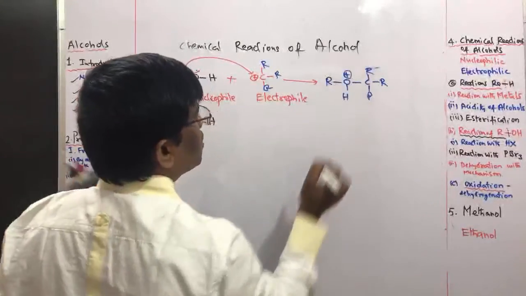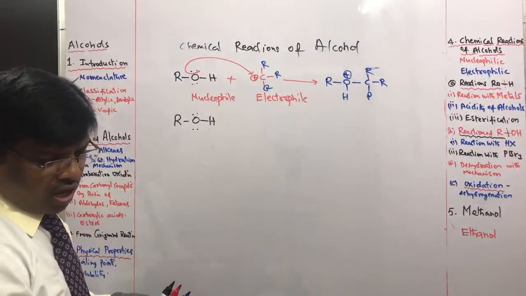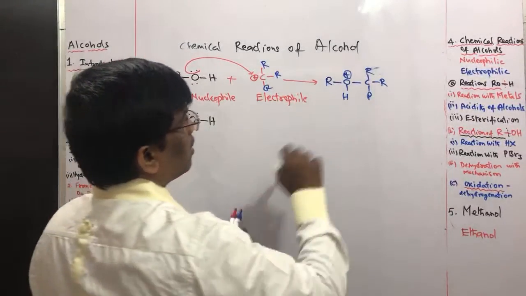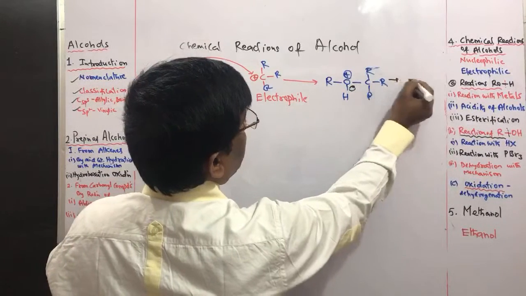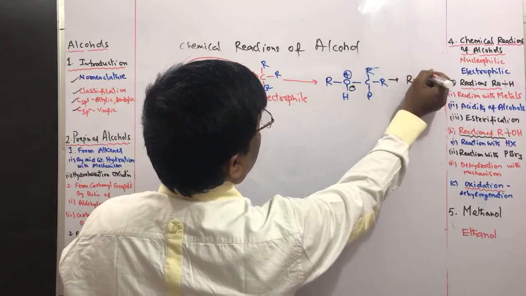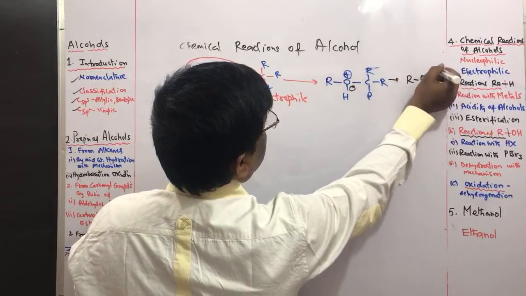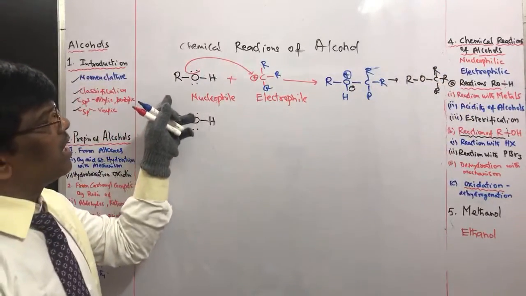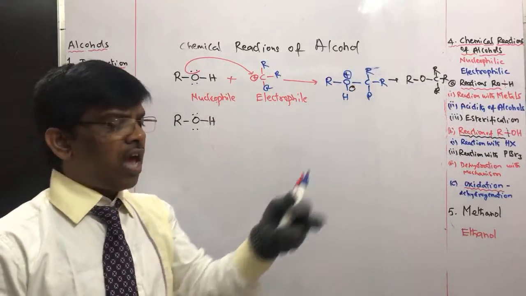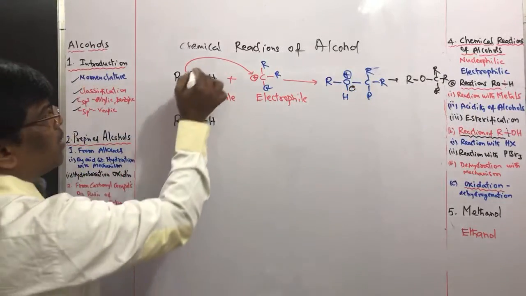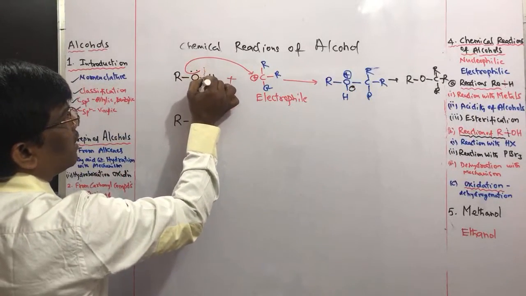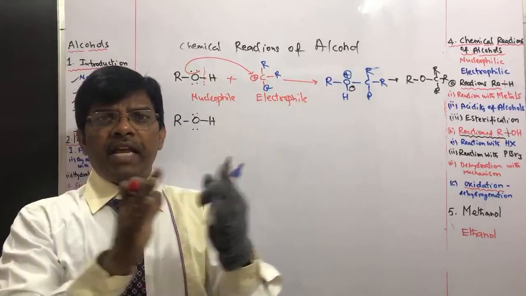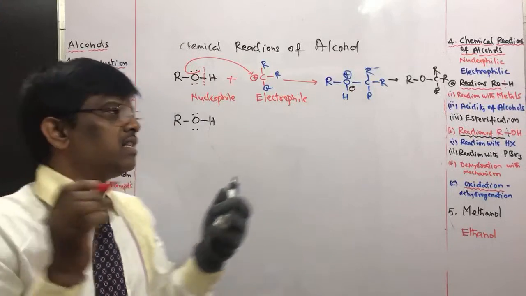This positive charge loses a proton to give R, O, C with the R groups. So the overall reaction in this case, what is going to happen? The bond between this oxygen and hydrogen is going to be detached, or breaking of the oxygen-hydrogen bond is taking place.